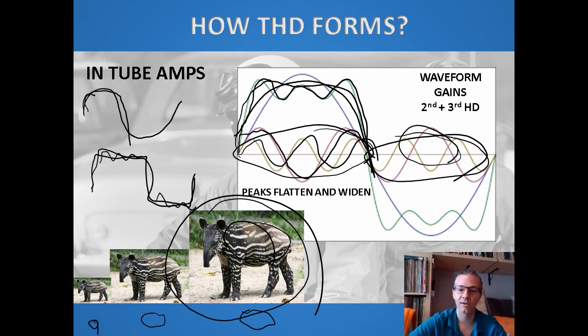Everything follows the same route. And because second and third order harmonic distortion is already in your music, it's part of the music, if it's homogeneous throughout your range, it does not disrupt the character. It doesn't change the music content in such a way.